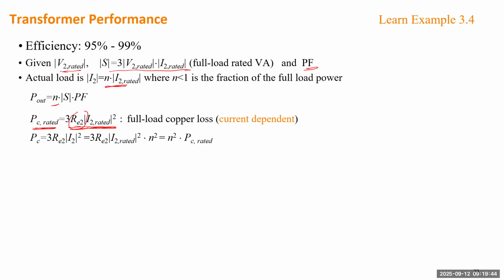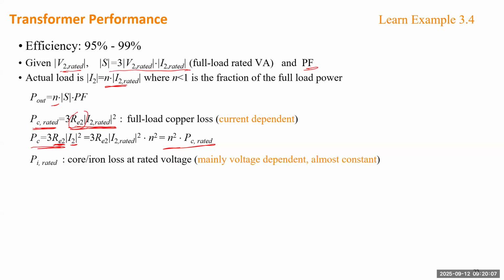If you transform everything to the primary side, that will be R_e1. So under the current condition with a fraction of the full power, it will be the same resistance but multiplied by the actual current squared. So that will be n squared times the rated copper loss.